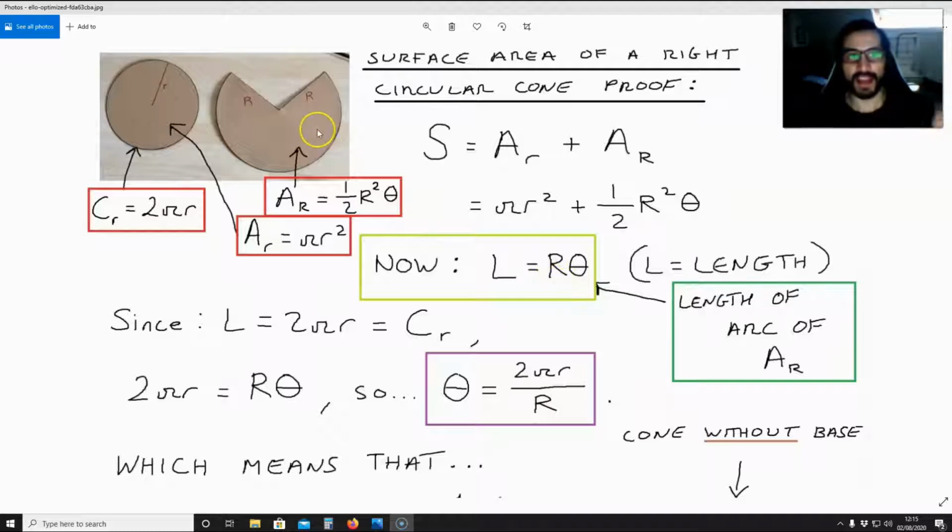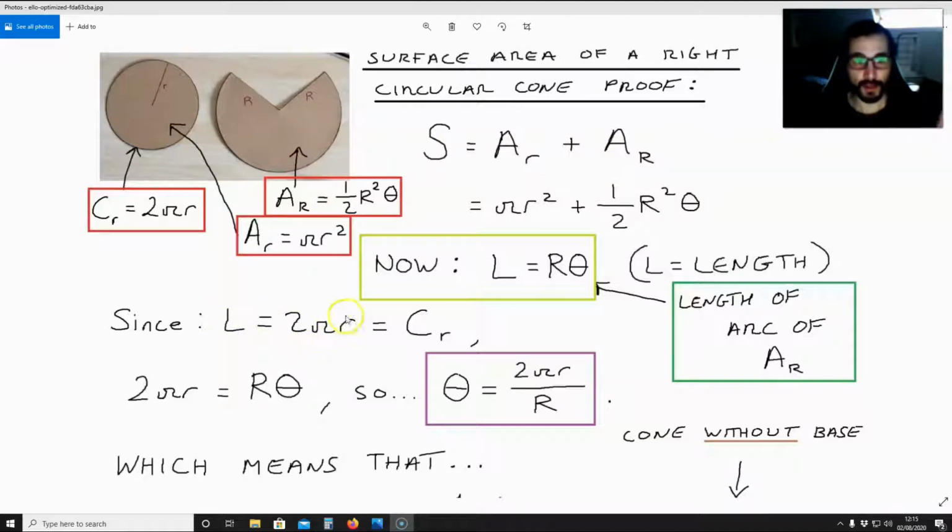Okay? Now, because the top of this cone is going to be connected to its base, which has a circumference 2 pi r, we can say that L, which is big R times theta, that's the length of the arc of the top of the cone, is equivalent to the circumference of the base of the cone, which is 2 pi r.